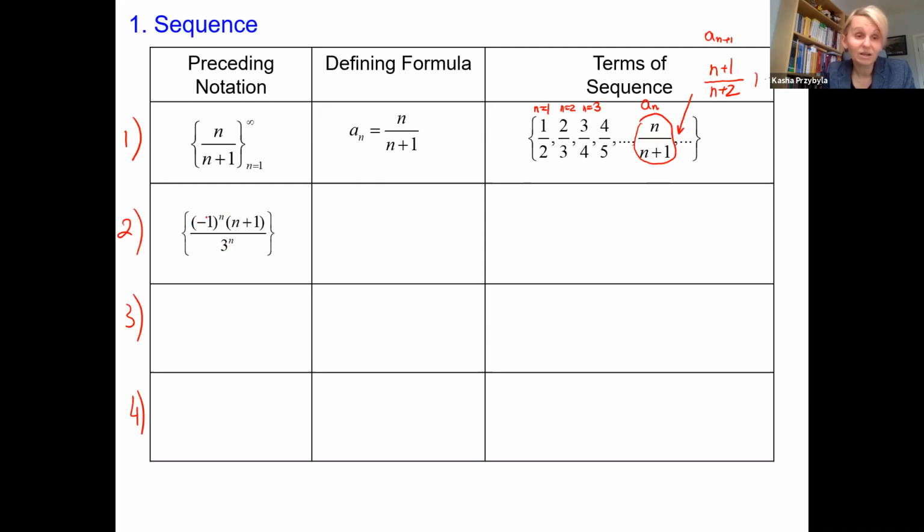What happens if negative 1 is taken to the power of an even number? It's positive, yeah? Because it's like to the power of 2, 4, 6, which means every other term will be negative and every other term will be positive. That's what we call an alternating sequence. This part, negative 1 to the n, is giving me the alternation.